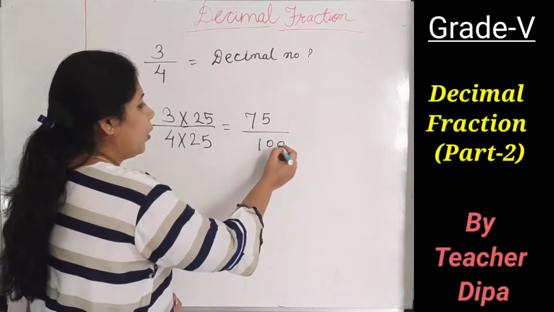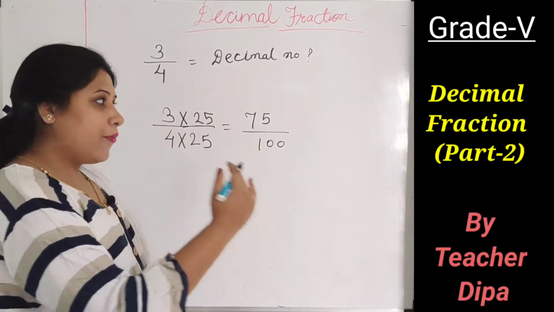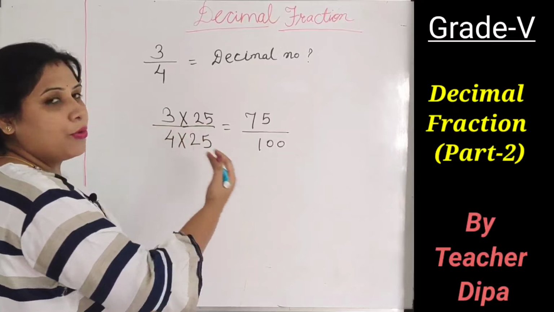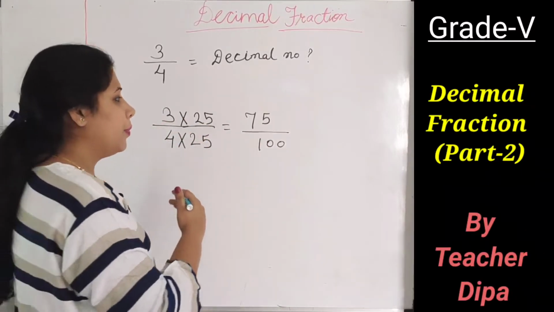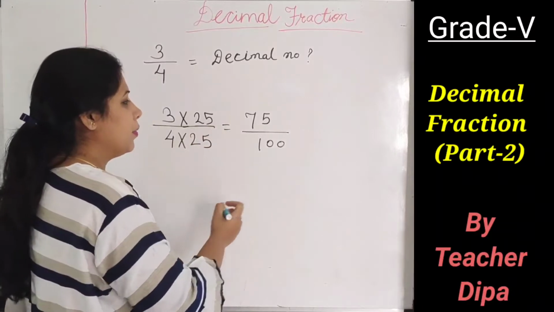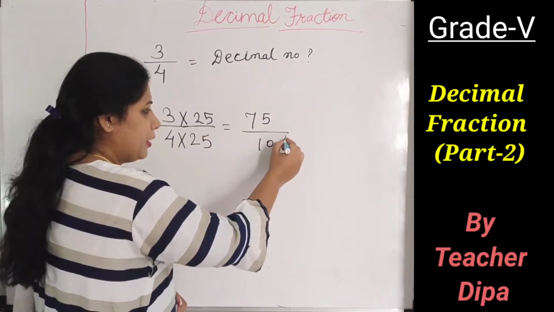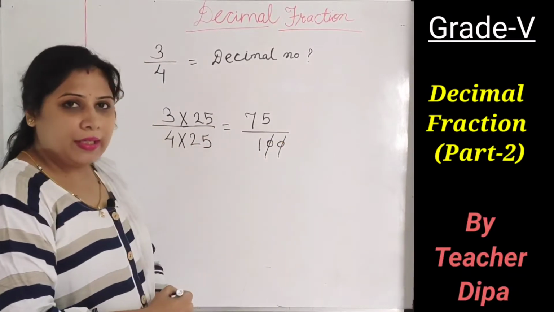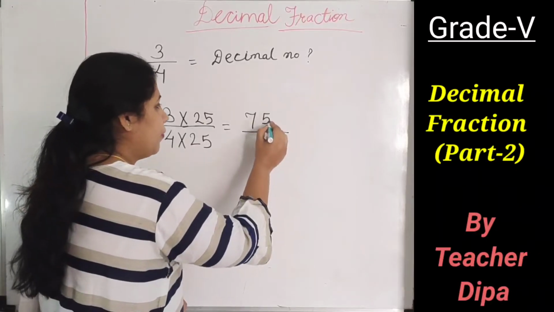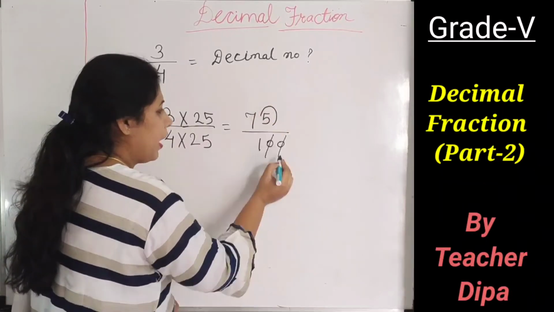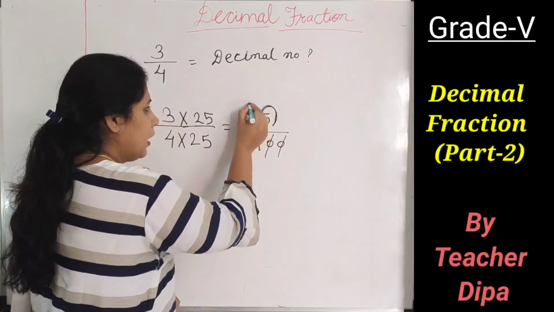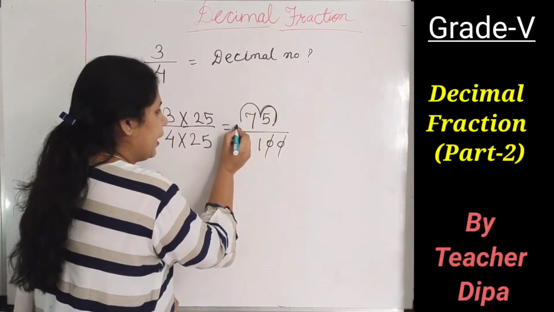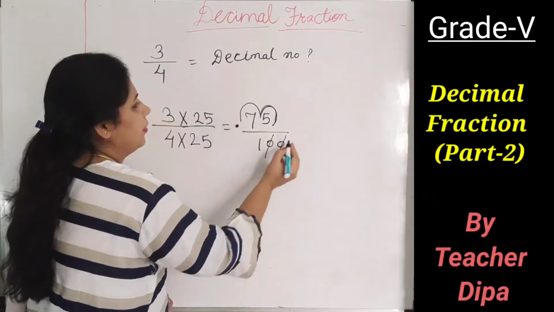Now how to convert it into the decimal? There are 2 zeros, and from the right-hand side you have to move to the left on your numerator and it will get converted into the decimal. So how can we do that? The 0, 0 will get cancelled, and from here we will take 2 jumps. As we have 2 zeros here, the 2 jumps are 1 and 2, and we will get our decimal point here.